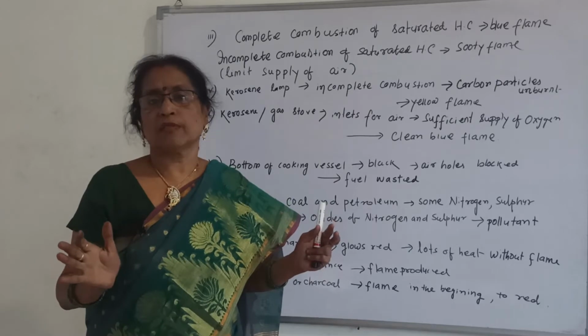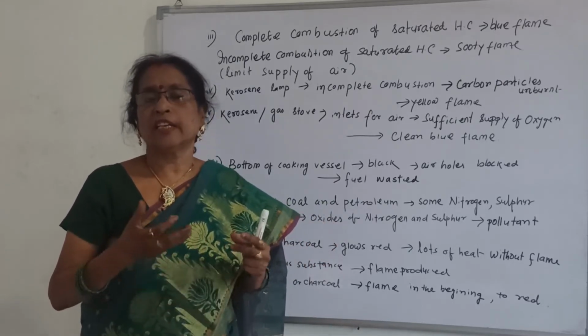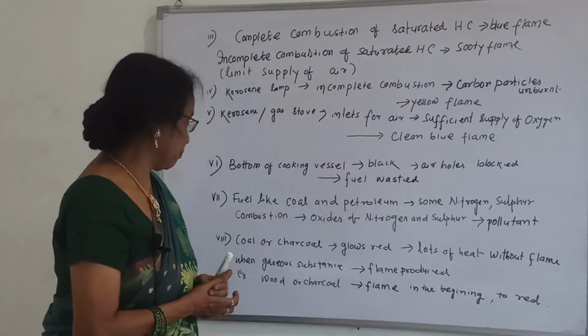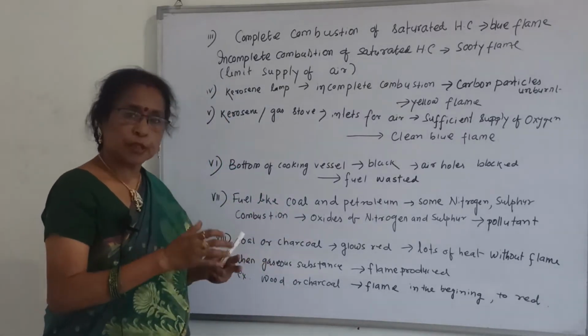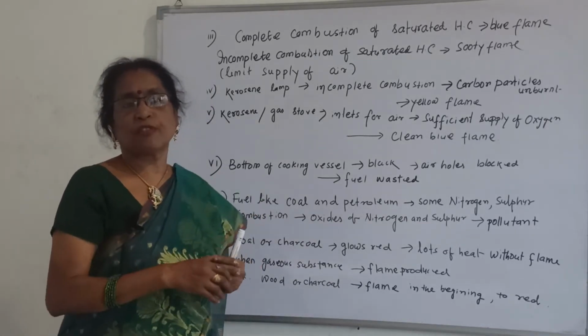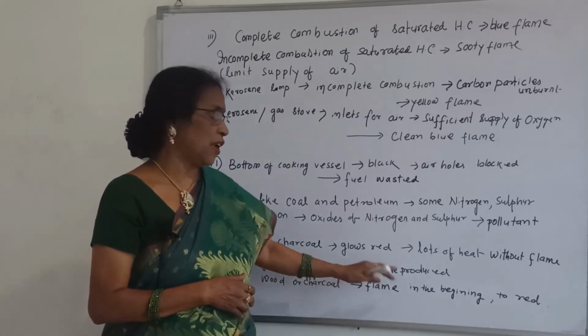Flame is not evolved, it only glows red, and here it has a large amount of heat without any flame. When gaseous or volatile substances are present in our fuel, like charcoal and wood, they give flame.